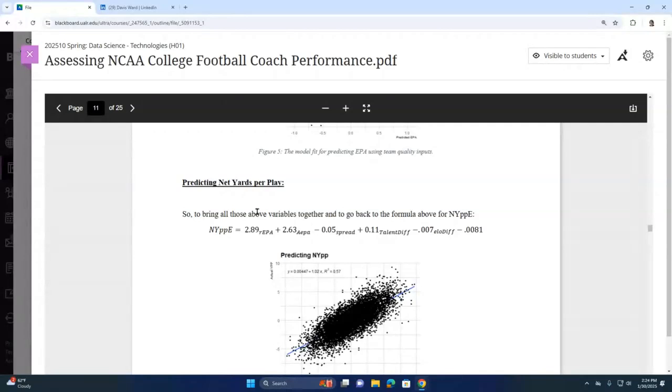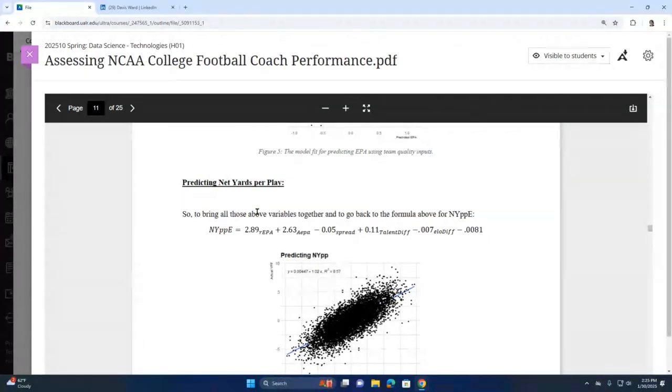He had looked at wins and losses versus the team's net yards per play, and he found a really strong correlation. Net yards per play refers to the team's ability, every time they have a play, to gain yards.